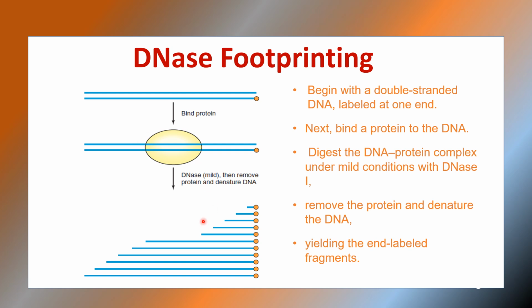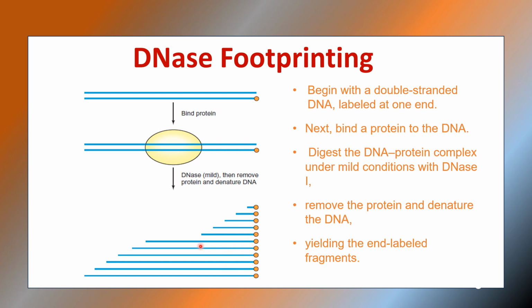So we will follow it by removing the protein and then denaturing the DNA. Now what we are going to see is the fragments. Obviously, all of the fragments here are end labeled because we have already performed the labeling of one of the strands. Although we will get fragments from both of these DNA strands after denaturing, since we have labeled just one of those, all of the fragments which we will see will be of the same kind.